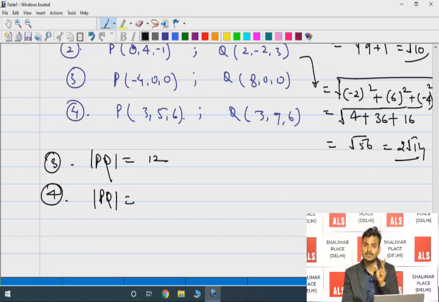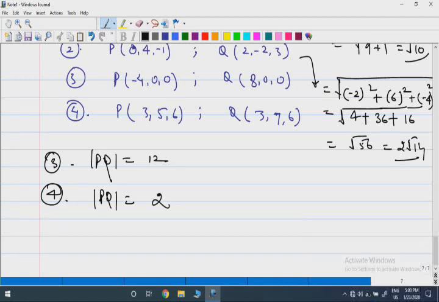The 3 and 6 are both the same. The only change is in the y coordinate, right? What's the answer? 2 will be the correct answer. Any doubt?